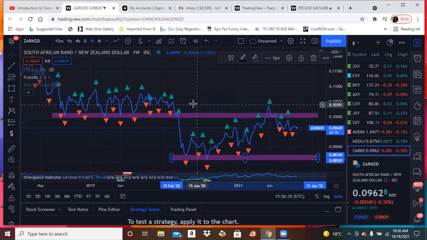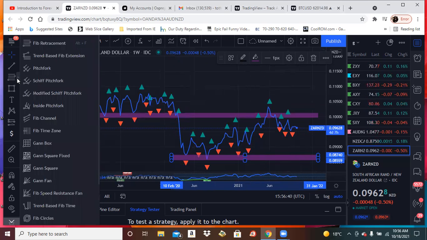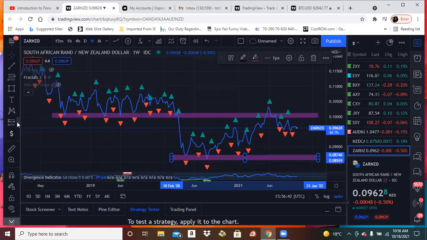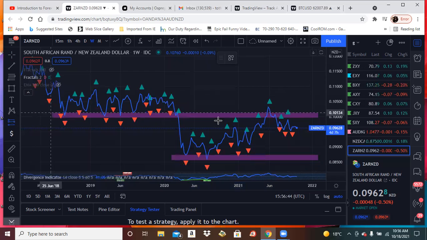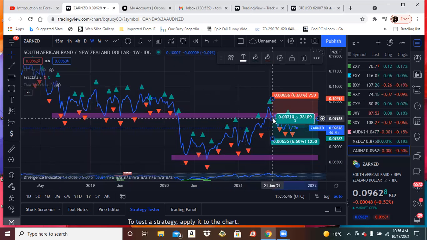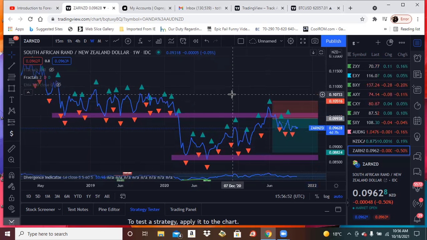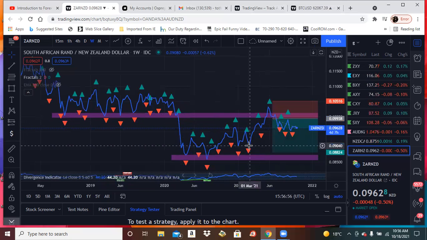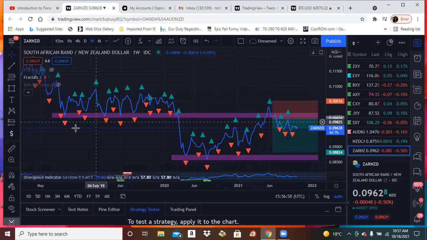Because now, see, if I would have got in like this, if I would have shorted some weeks ago and always put the stops above. Now look, I'm up. That's a lot of pips. Let's see how many pips that is.